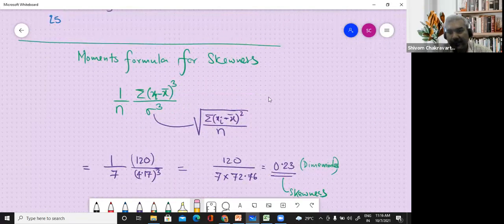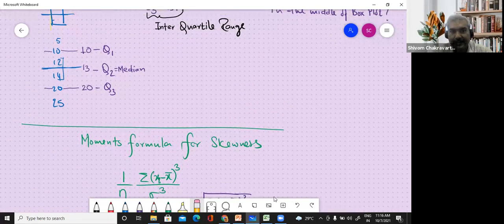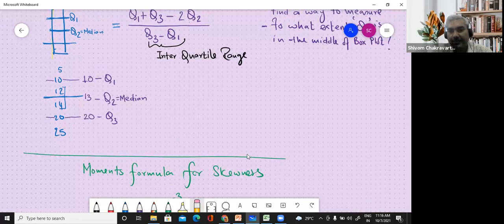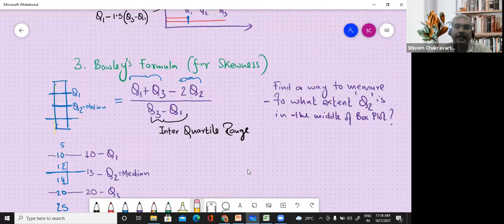Don't be perplexed or think that you're doing something wrong. But remember that whenever you are comparing two or more data sets, use the same formula. If you have used Bowley's formula for one, for calculating skewness for other data sets also, use Bowley's formula. Then you can compare. Try using Bowley's formula.